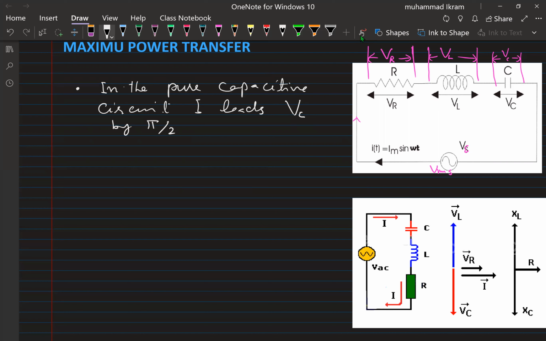I drew the diagram for you, and that is indicated by this portion of the graph here.